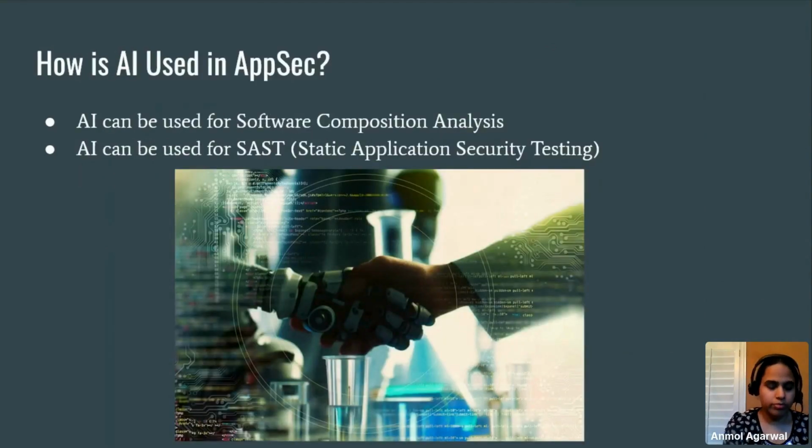So now let's get started with the talk, right? How is AI used in AppSec? Some of the previous talks touched on this, but AI can be used for software composition analysis, and it can also be used for SAST tools, static application security testing. Basically, how AI works is it's a very powerful tool for data analytics, and it looks at certain patterns that you see.